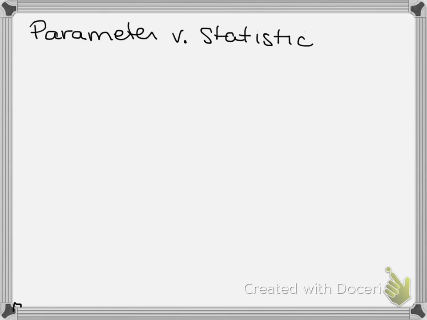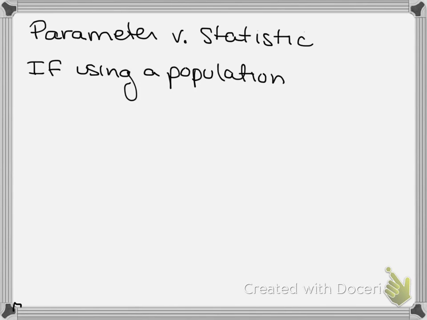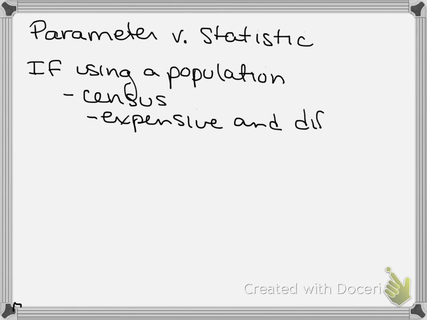So if you're working with a population, meaning you're taking a census of everyone in that population, whatever it may be, remembering that a census can be expensive and difficult to complete, any data you collect from that census is a parameter.